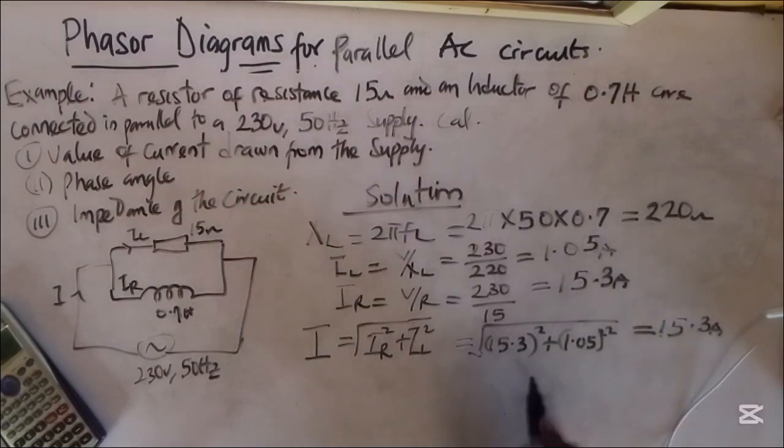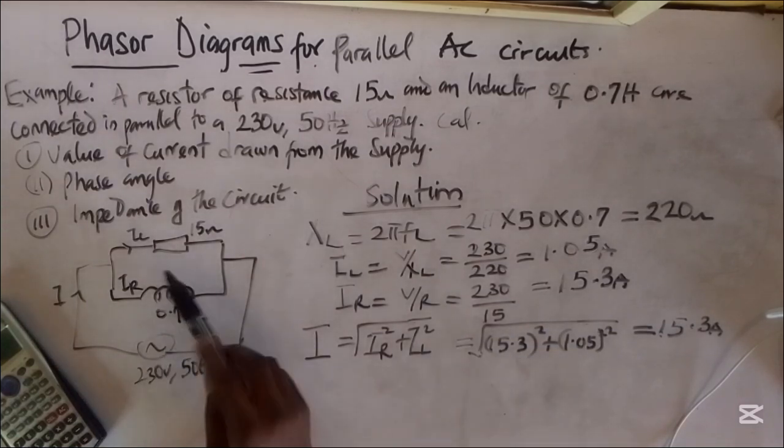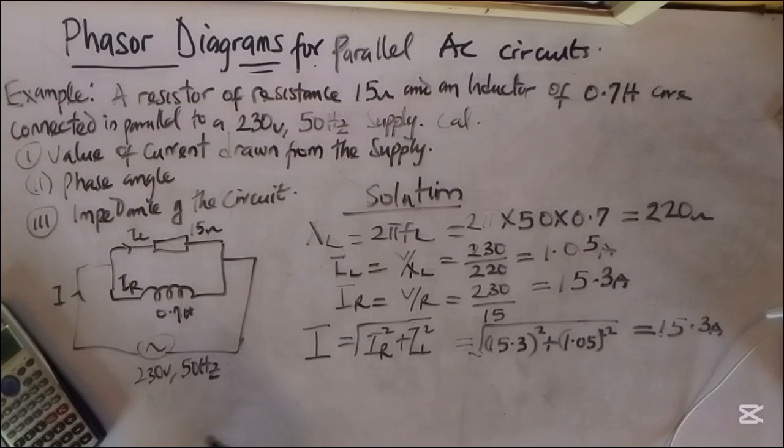You can see that the value here is very small, so we see that most of the current is being taken by our resistor.